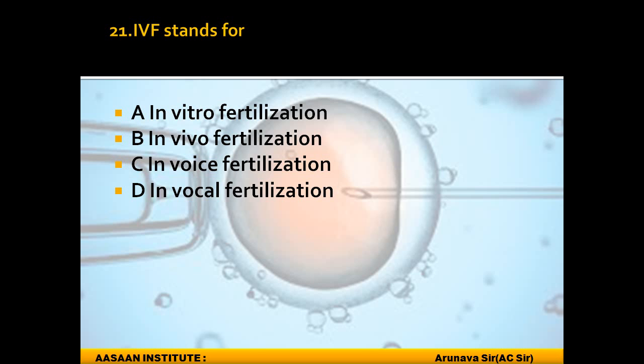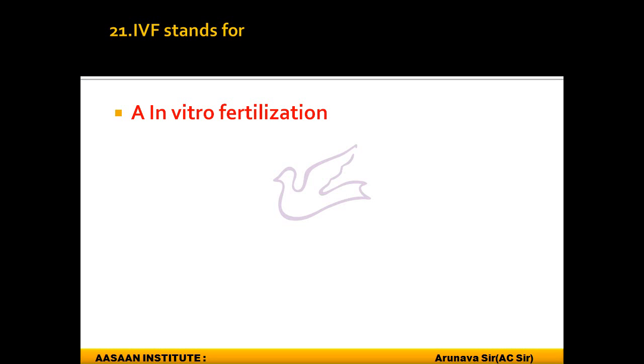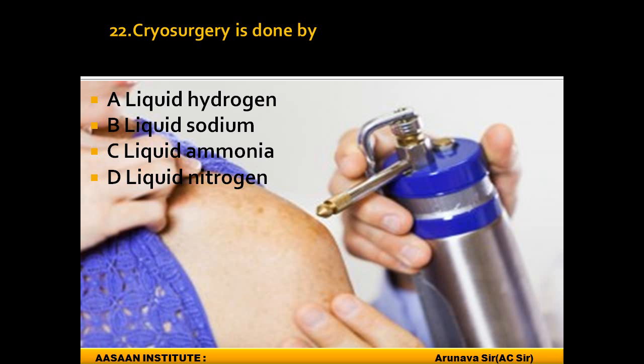IVF means, this is a very common question, in vitro fertilization. That means fertilization happens outside the body in the laboratory. So for this question, option A is the right option. Now question number 22.